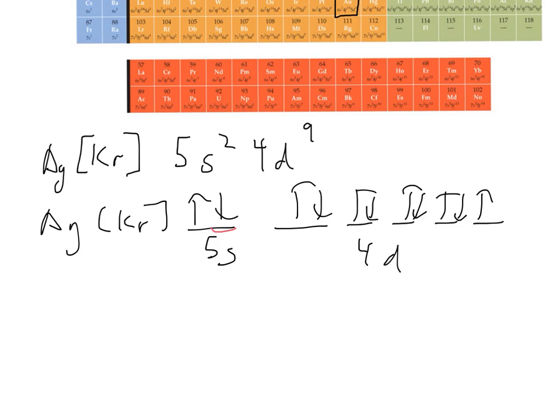So what silver does, to complete its d subshell, is take one of its 5s electrons and move it to the 4d.